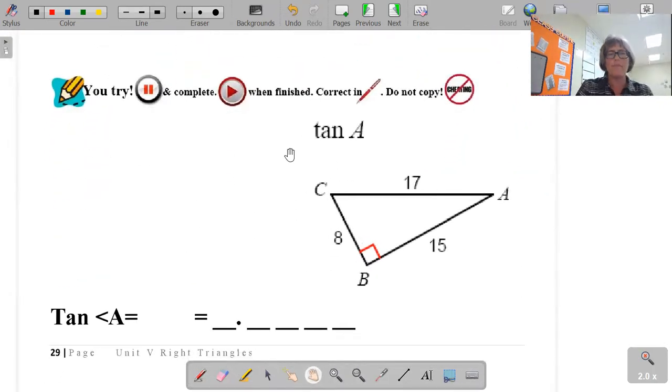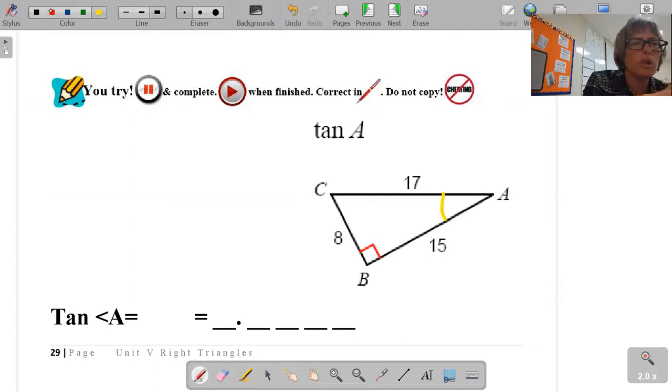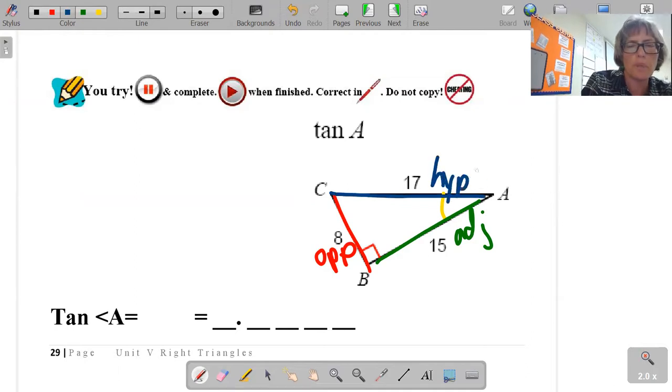Ready? You've got 20 seconds to find the tangent ratio of angle A. Tangent. Okay, so angle A is here, which would make 8 your opposite, 15 your adjacent, and 17 your hypo.